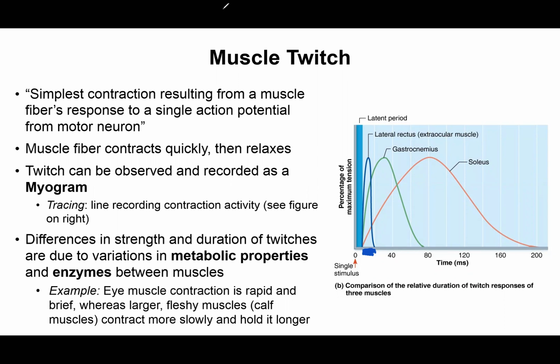Whereas larger fleshy muscles like the calf muscles contract more slowly and they hold that contraction longer. So the gastroc muscle is one of the calf muscles. And we can see it contracts that long.